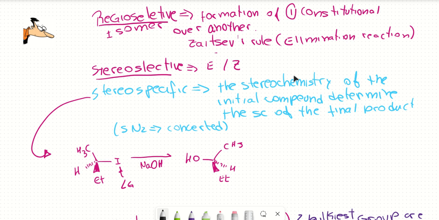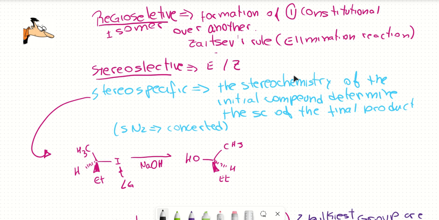Regioselective is the formation of one constitutional isomer over another. For example, when we have the major product as Zaitsev, we can have an E1. The major product will be Zaitsev because it's more stable, so look for stability.